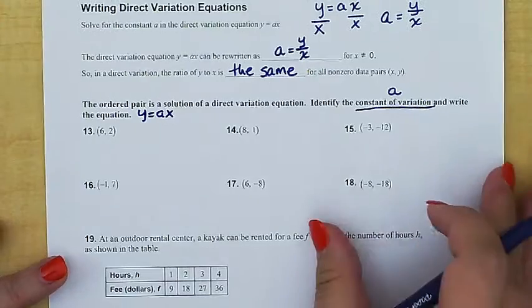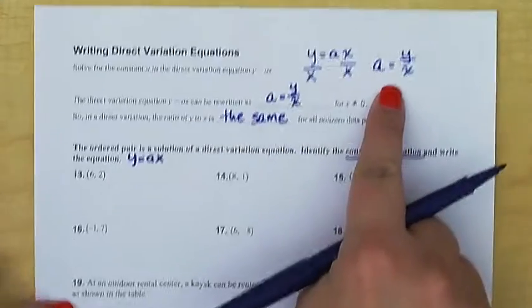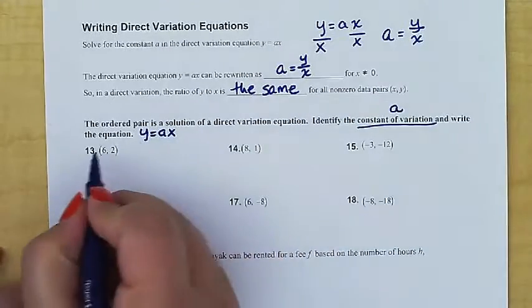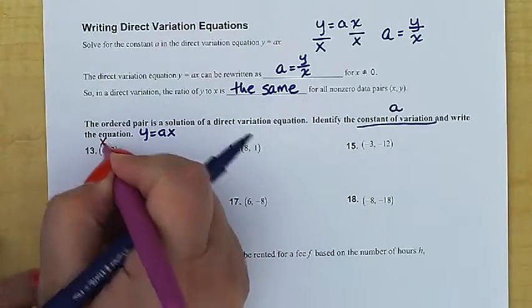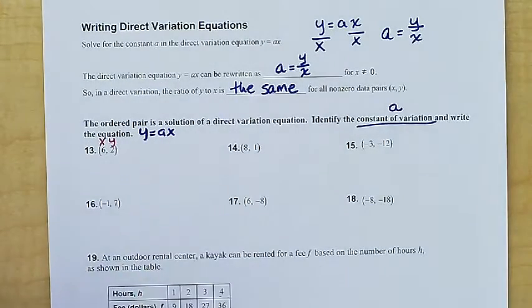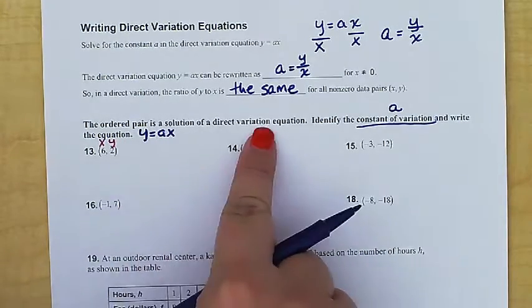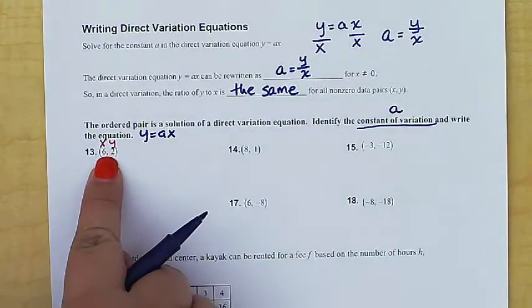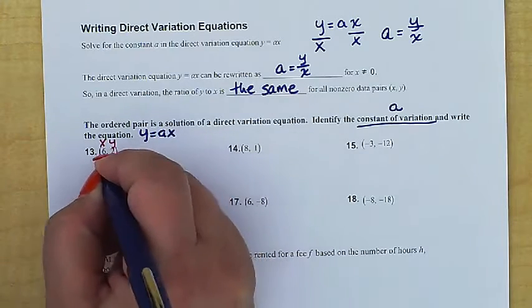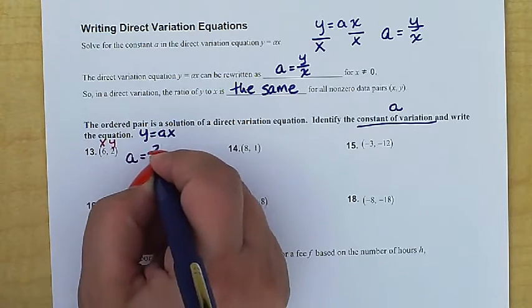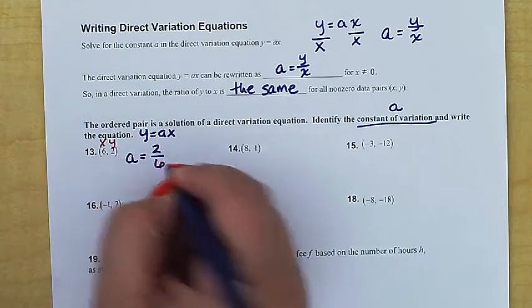Yeah, and it's that easy because it all boils down to this, right? As long as I have just an ordered pair, that is enough when it comes to direct variation because it gives me an xy pair. And if I already know that this is in direct variation, all I need is 1 point to then say, well, then a is just going to be the ratio of that y value to that x value.